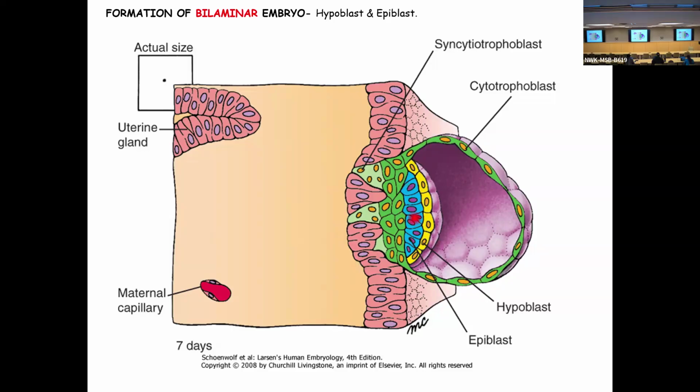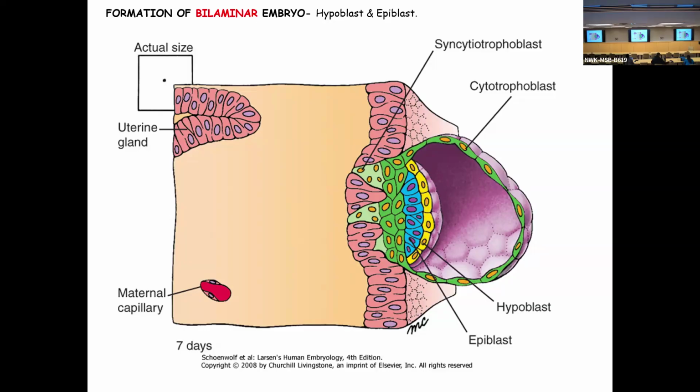One, the epiblast here, which is made out of ectoderm, and one with the hypoblast here in yellow that is endoderm. So we have two layers. One is an endoderm and one is an ectoderm.